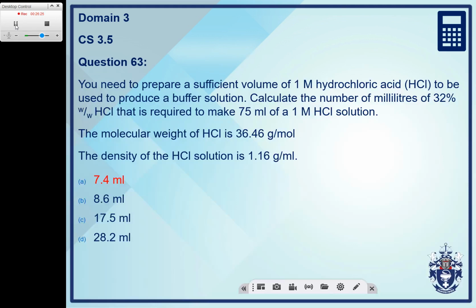So you have to know what molar stands for. If you don't know that, you won't be able to do the calculation. So you have to be aware of concentration expressions and the definitions applicable to those. For this question, we're going to work with molar. That will be moles of hydrochloric acid per liter of solution. So let's take a look at the memo for this question.